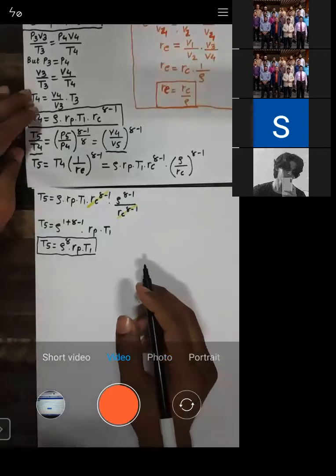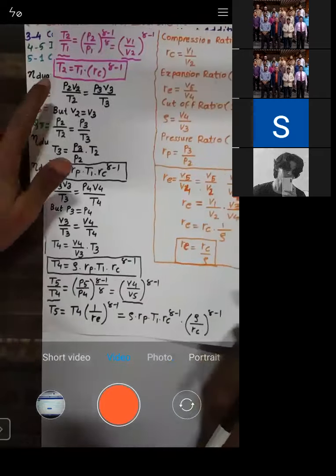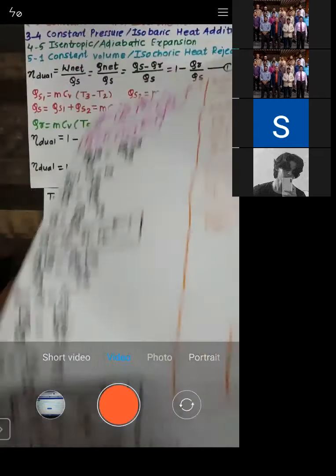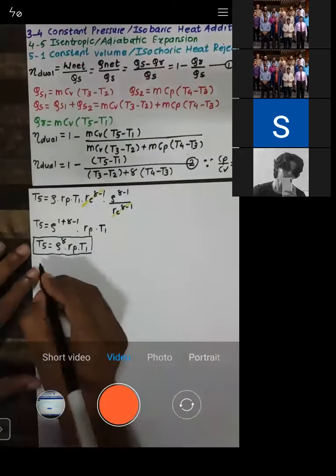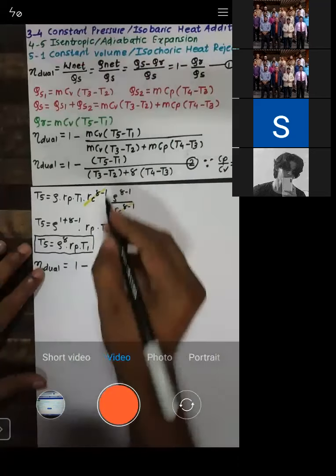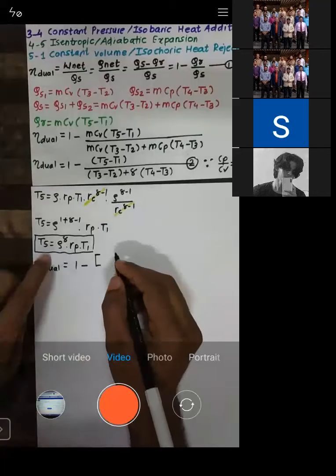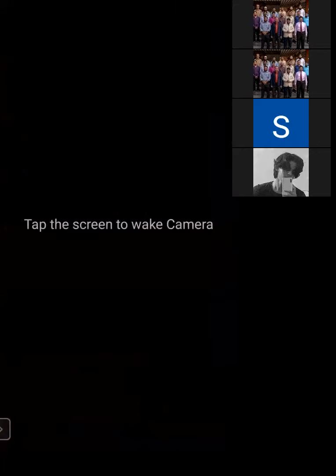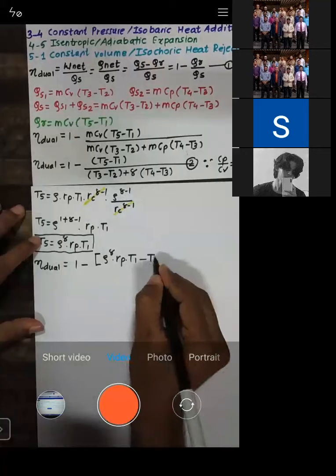Now every value I know: T2 is known, T3 is known, T4 is known, T5 is also known. I will put them in equation number 2. So the efficiency of the dual cycle is now given by 1 minus T5, which I have just calculated: rho raised to power gamma into Rp into T1, minus T1.